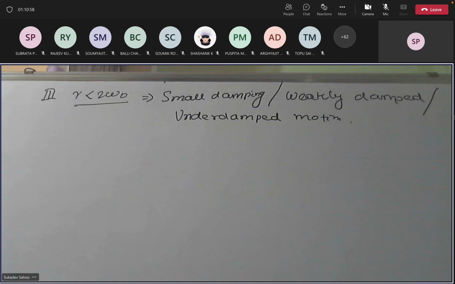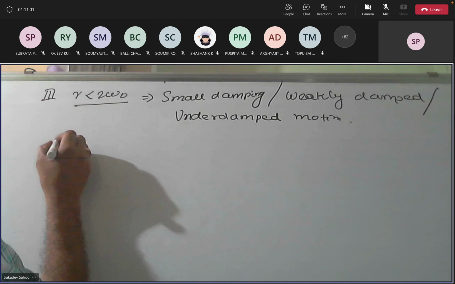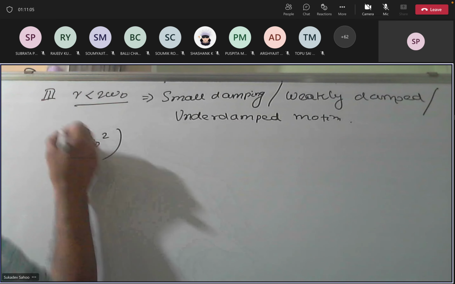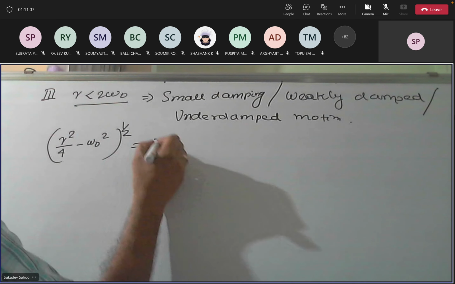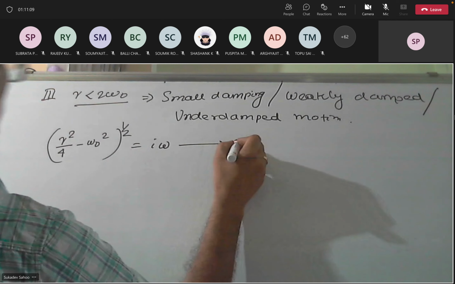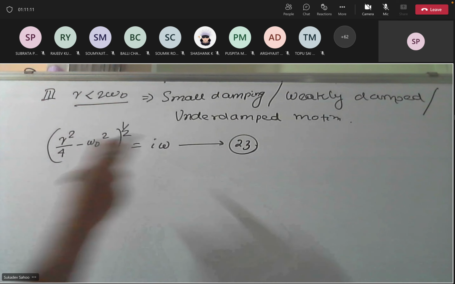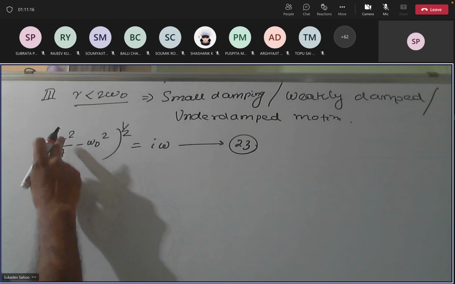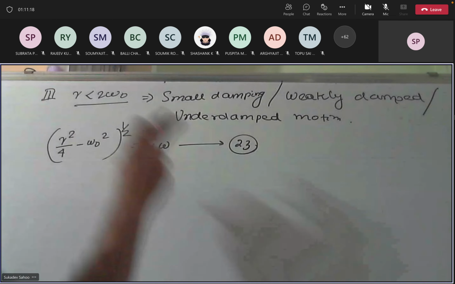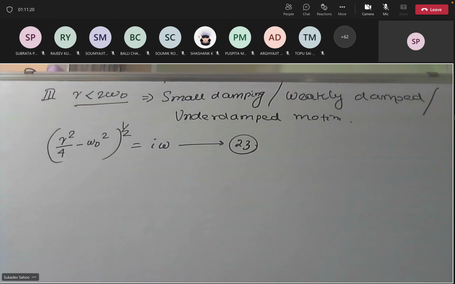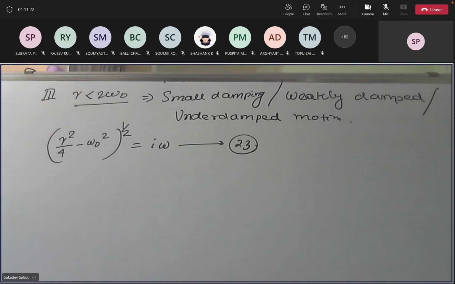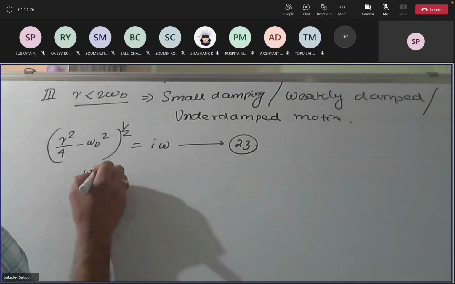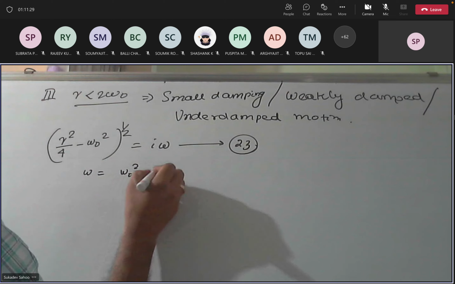If gamma is less than 2 omega 0, then gamma square by 4 minus omega 0 square will be imaginary. Suppose i omega, where omega equal to omega 0 square minus gamma square by 4 to the power of half.